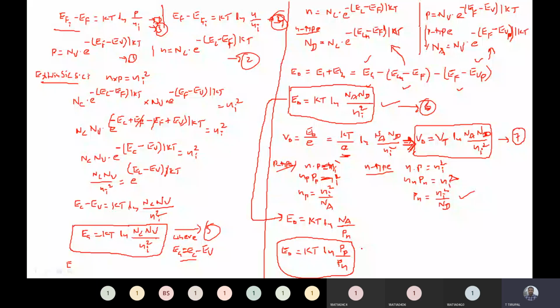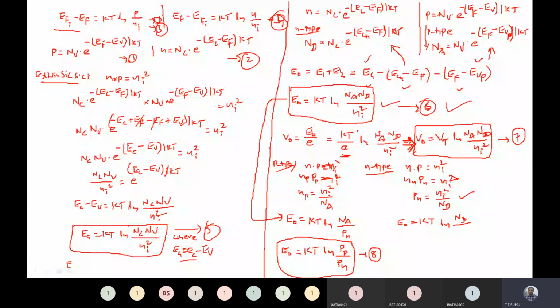Okay, next. Can you tell me another equation in terms of Nn and Np? Again, the same expression E naught can be written as KT ln Na Nd by Ni square from the sixth equation. Now, I am keeping Nd like that only, divided by Ni square divided by Na.